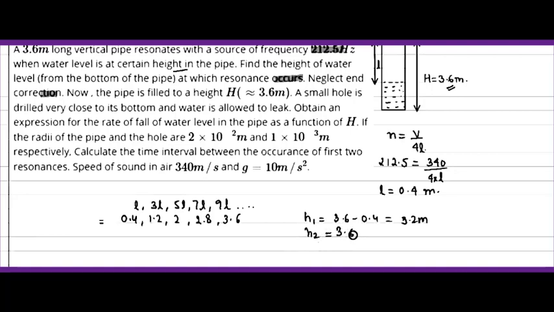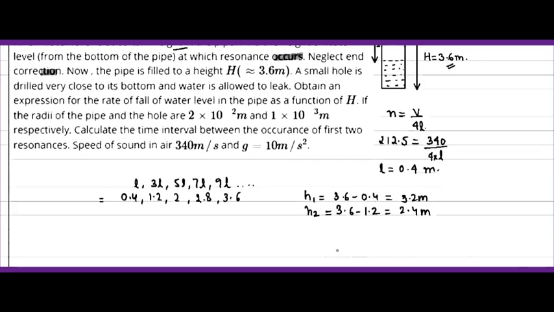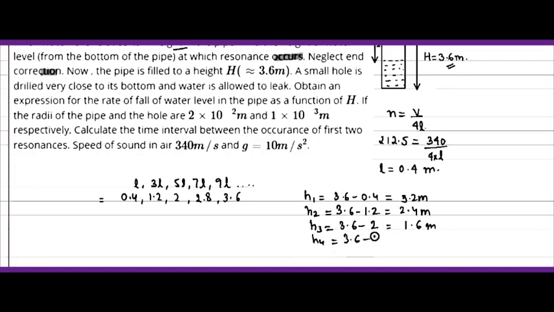This will be 3.6 minus 1.2, which gives you 2.4 meters. The next height H3 will be 3.6 minus 2, which gives you 1.6 meters. The fourth height will be 3.6 minus 2.8, which gives you 0.8.